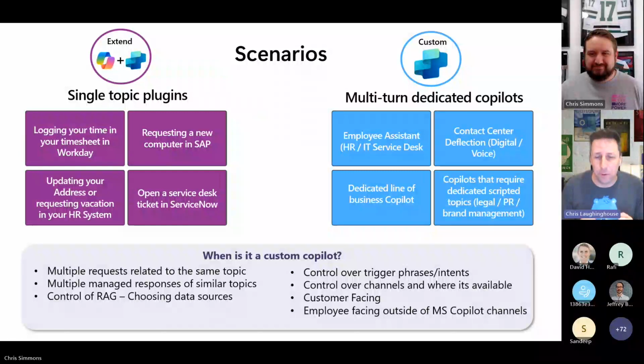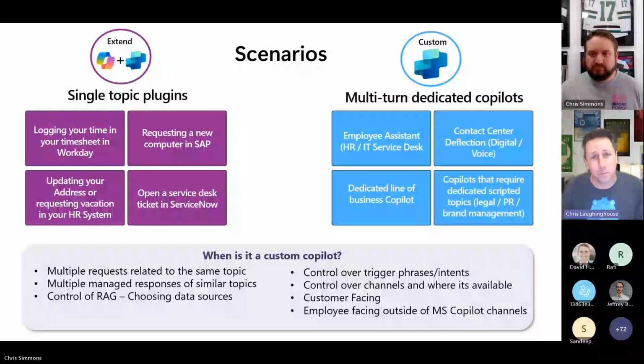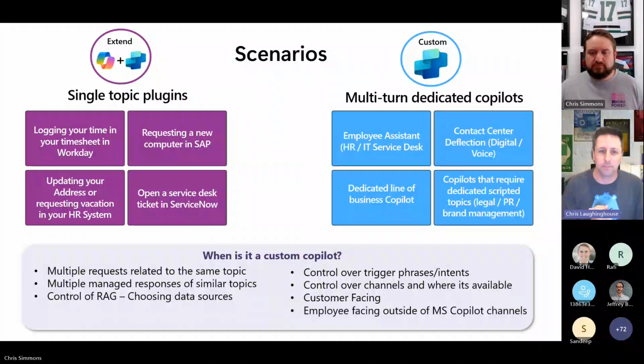So if you ask your business, is a generative answer okay, where we're allowing the LLM to summarize this data and put it back, or do you need a very scripted, specific response? If the answer is, well, it's got to be very scripted, we need to answer it this way, that's a custom Copilot, right?